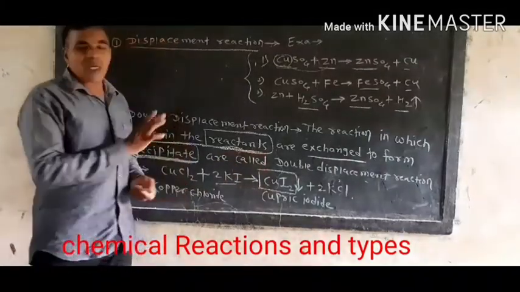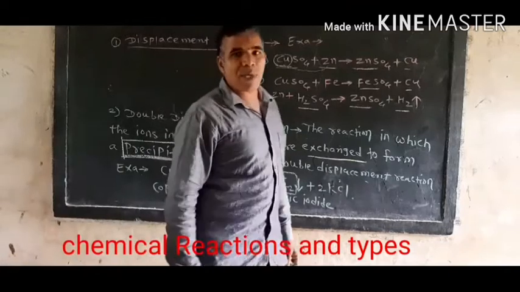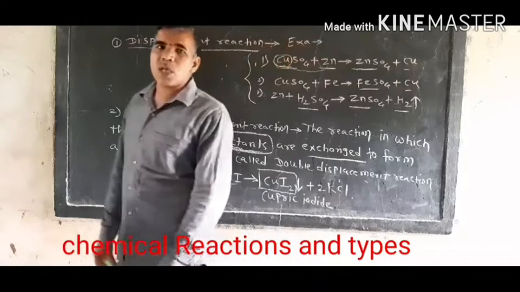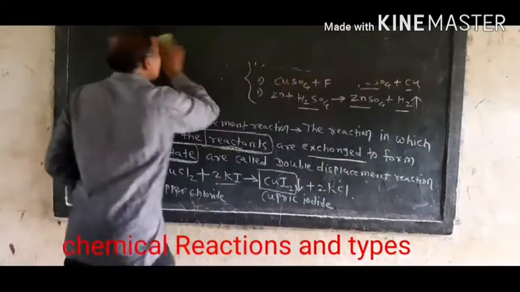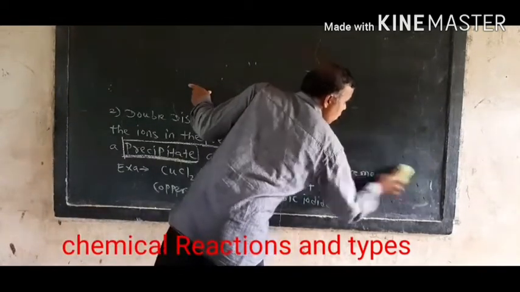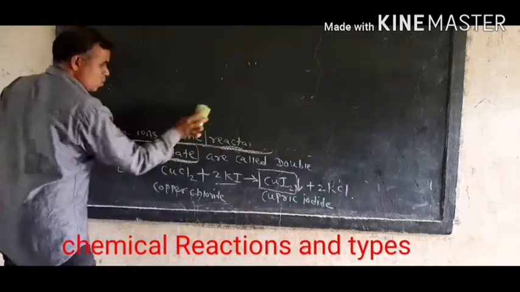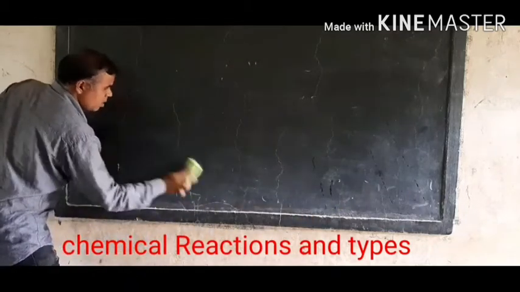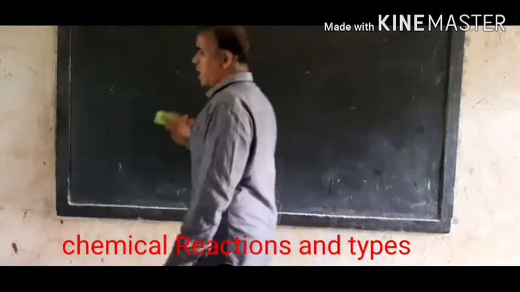Then after completing the types of chemical reactions, the next point we have to study is endothermic and exothermic reactions. Look at this. In chemical reactions, we studied 4 types: number 1, combination reaction, number 2, decomposition reaction, number 3, displacement reaction, and number 4, double displacement reaction.